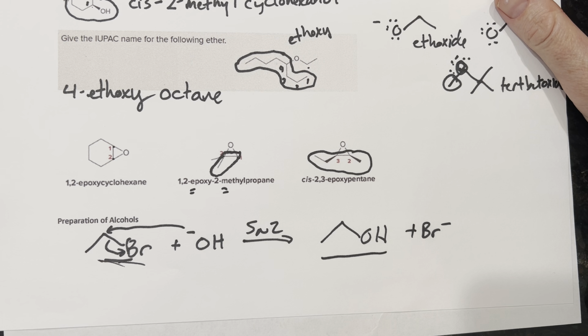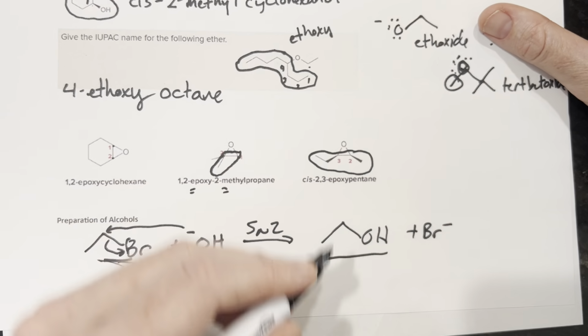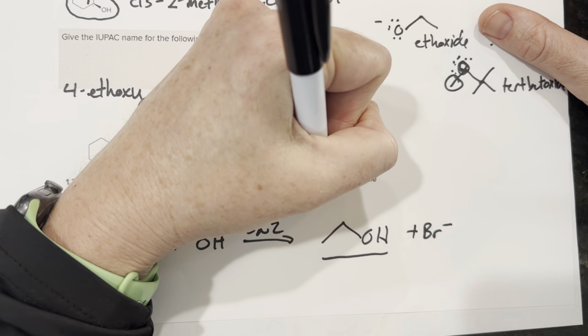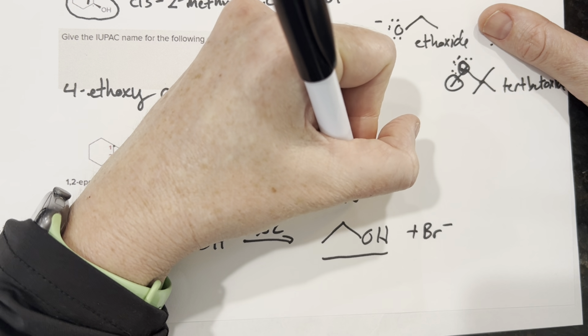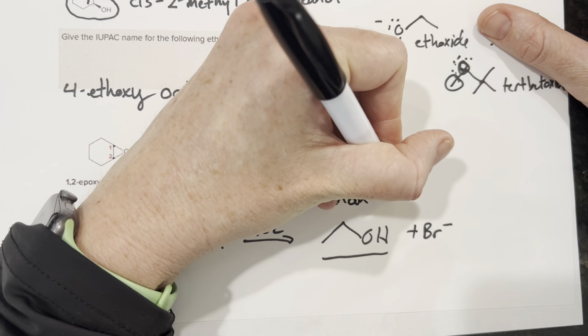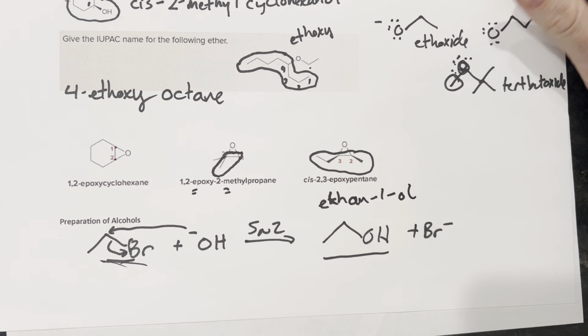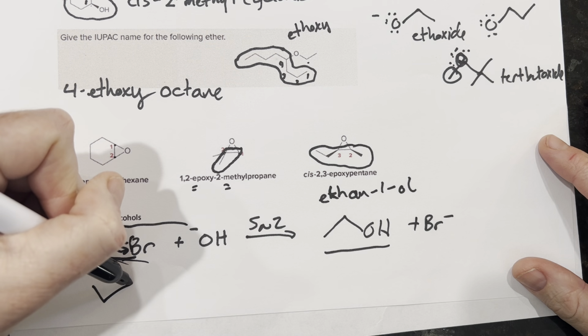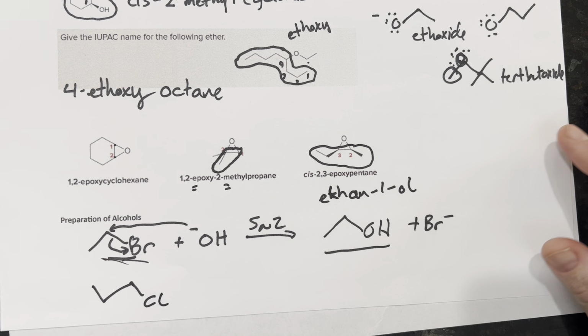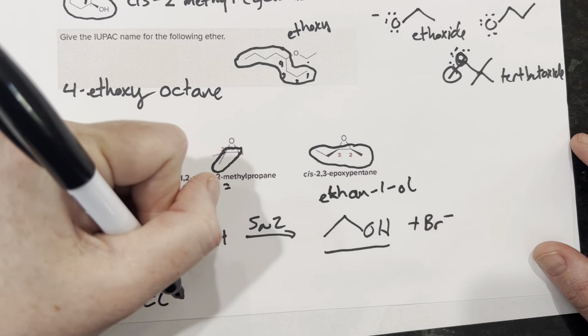Can you name it? Let's hope so. Actually, let's go ahead and do it. So you got 2, so it is ethan-1-ol, which common language would just call ethanol. Okay, then we have something like this. We can prepare an ether too.